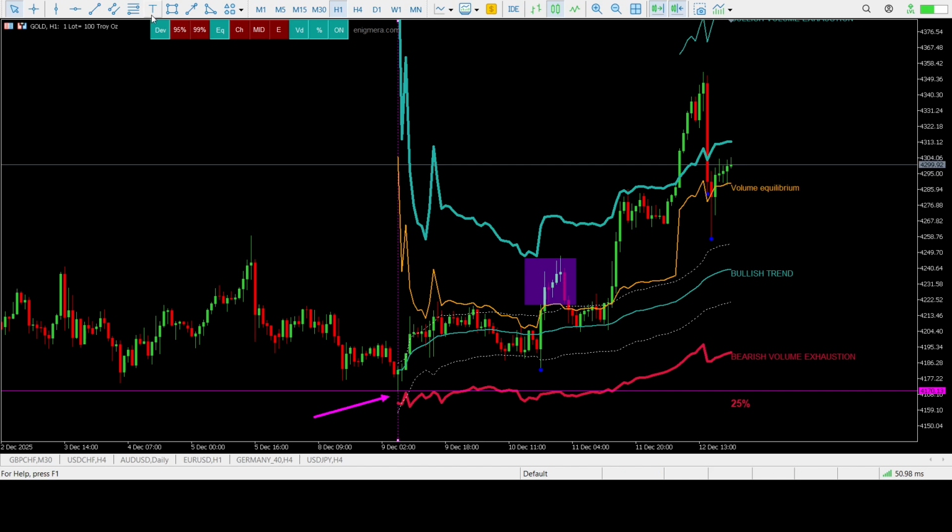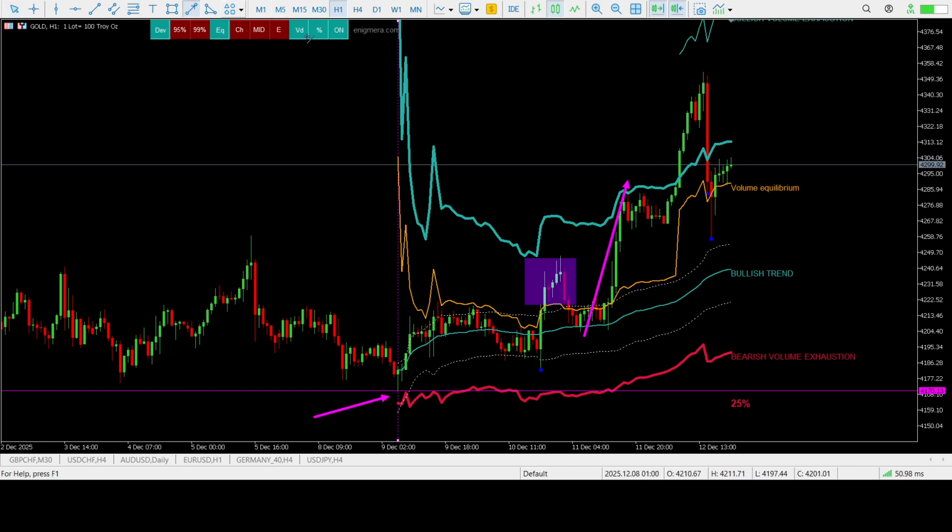The idea is as follows: we buy after the market dropped and collected liquidity, with a target to the bullish exhaustion line. Please notice here that when the market reaches the bullish exhaustion line, it can proceed further up.